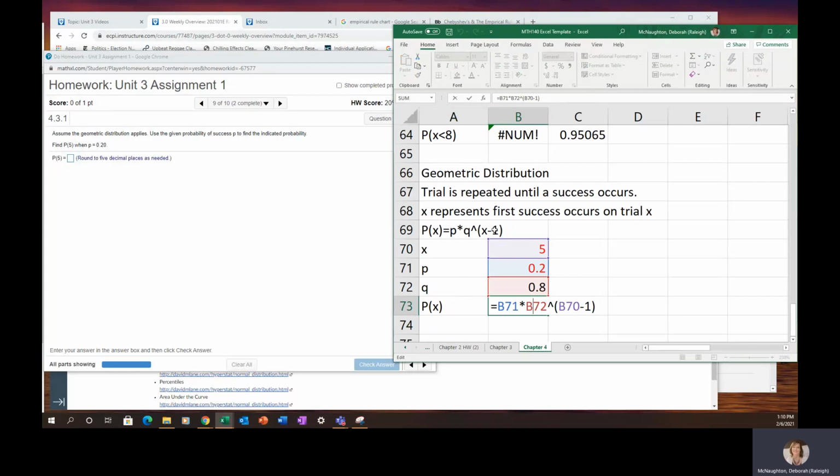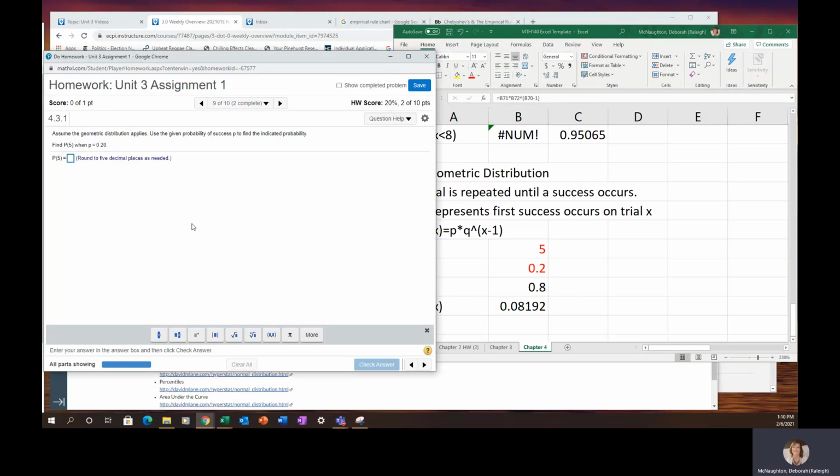In 5 trials, I fail 4 times, and then I finally get a success. So it's Q to the 4th times P, basically. Okay, so that is, and they want this to 5 decimal places, 1, 2, 3, 4, 5. 0.08192.